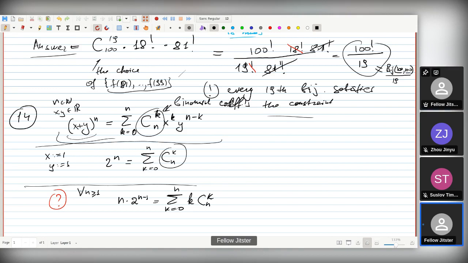Maybe we could substitute the sum of n choose k's for the 2 to the power n minus 1. 2 to the power n minus 1, but here we have just 2 to the power n. Substitute what for what? 2 to the power n minus 1 equals the sum of all n minus 1 choose k. Why is it so? I see your point.